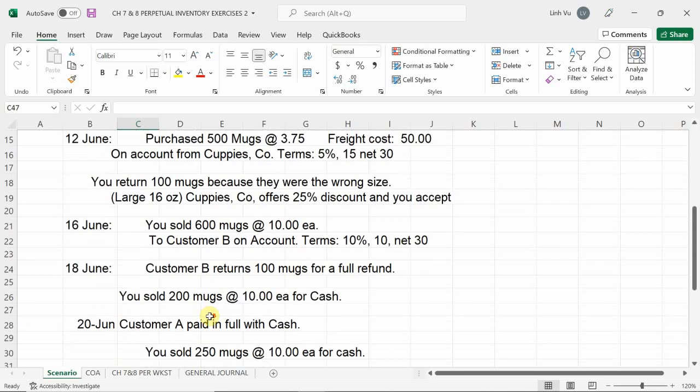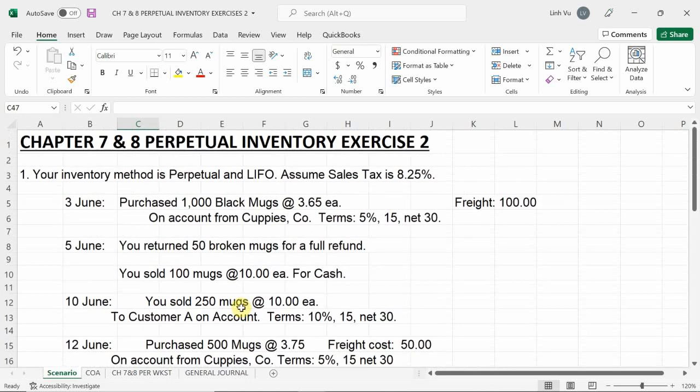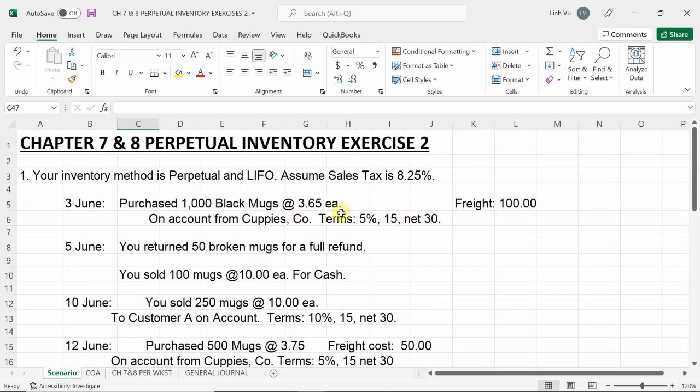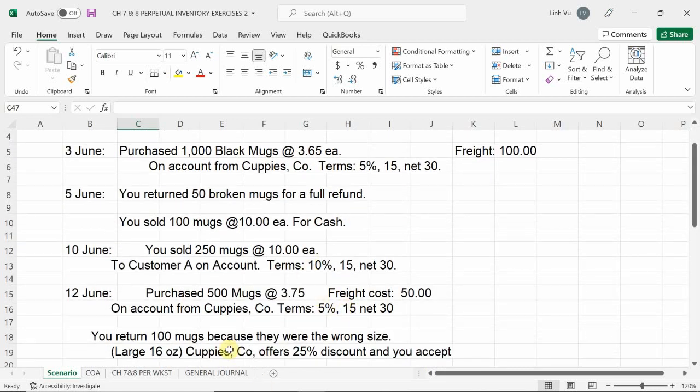Now customer A is paying on the 20th. Did they make the discount or did they miss the discount? They did make the discount, right? So we need to further investigate how much of this discount we can give. In this case, it's only a 10% discount.